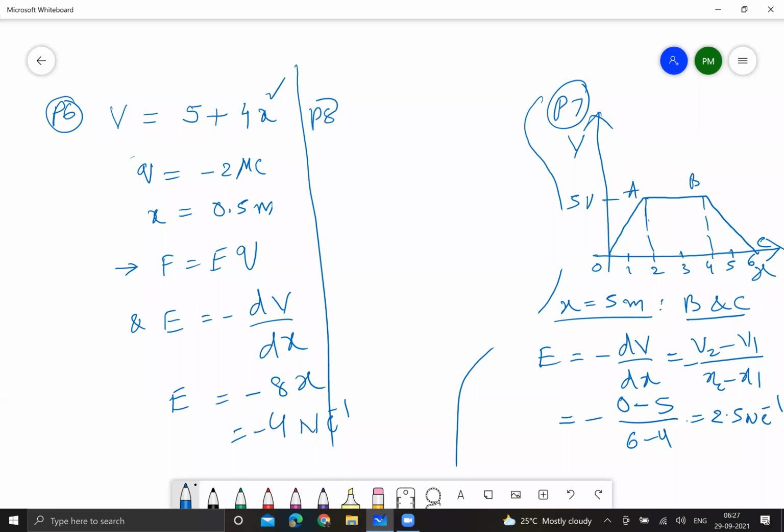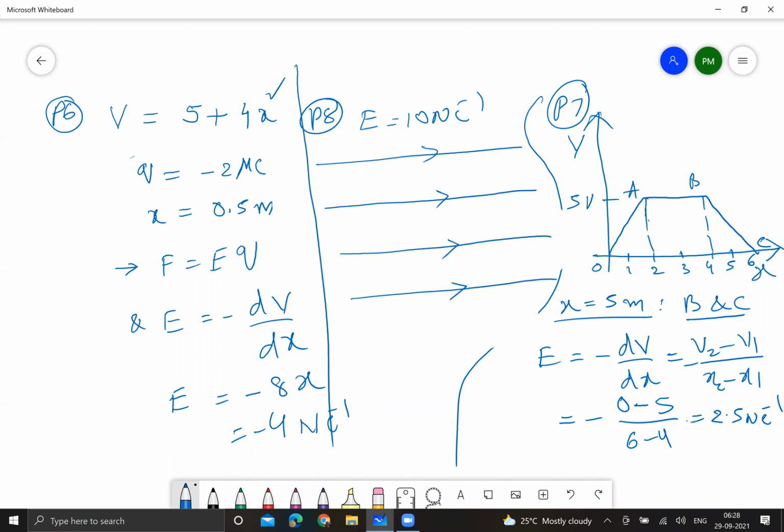Another simple question. A uniform electric field of 10 Newton Coulomb inverse prevails in a given region.